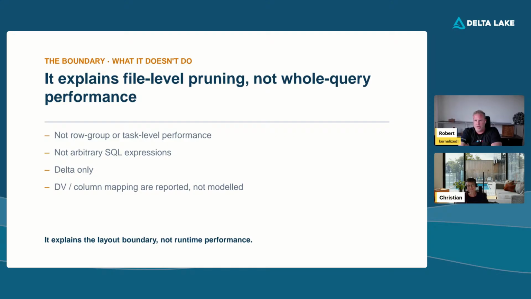You have to rewrite this to max value smaller than or equal to 40 in order to get a predicate on your stats, right? And yeah, you don't have to go into all of this. This is some of the stuff that Delta Kernel takes away from you.